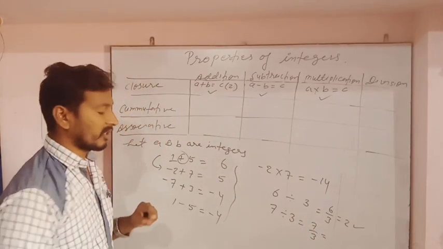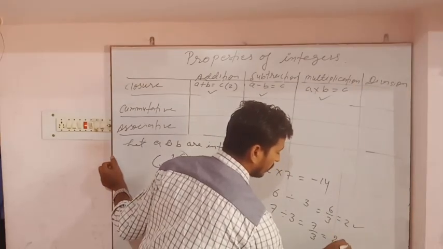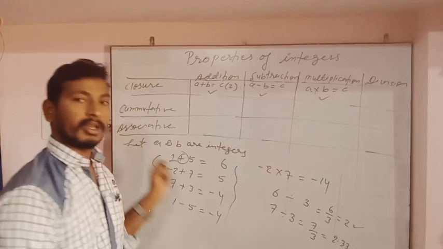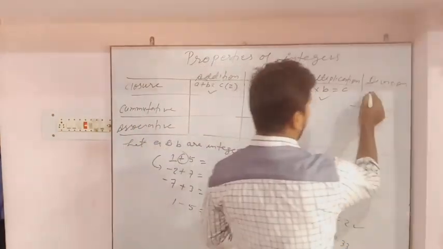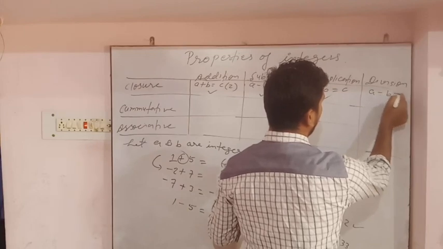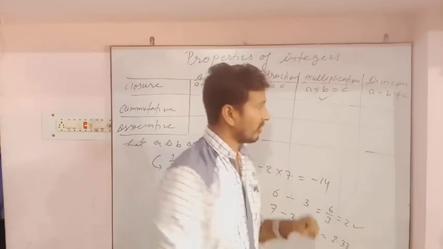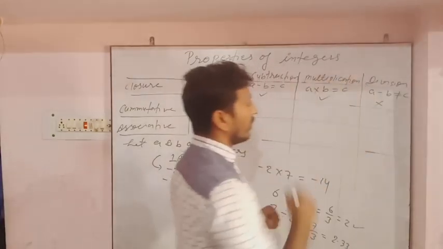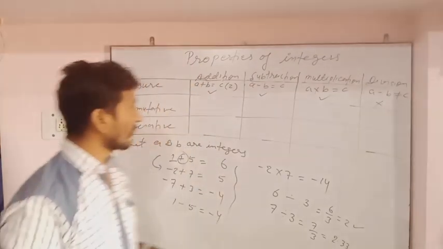If you divide 7 by 3, then you get 2.33 and so on, which is not an integer. So we can say that a divided by b is not equal to c, where c belongs to the integers. Means this property is not closed over division.